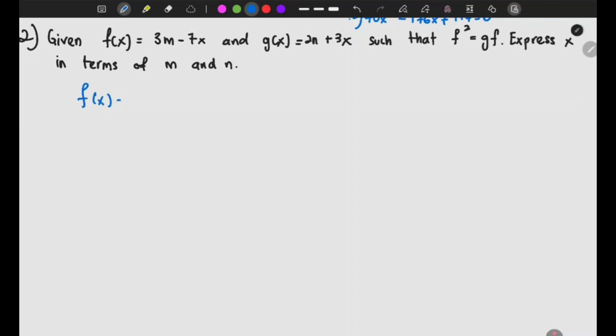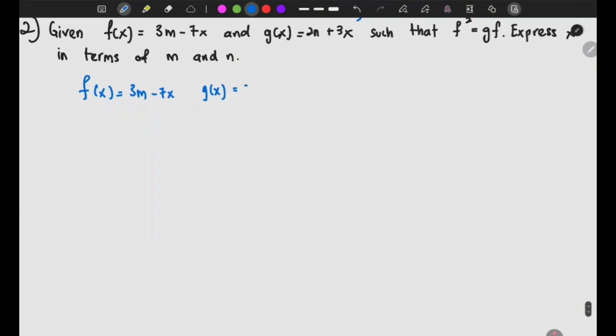Both are given here. And they say f squared, this is the important one. f squared x equals gf(x). Express x in terms of m and n.